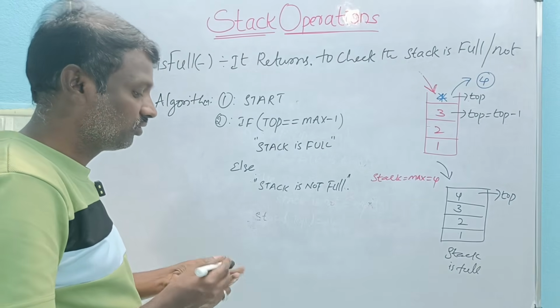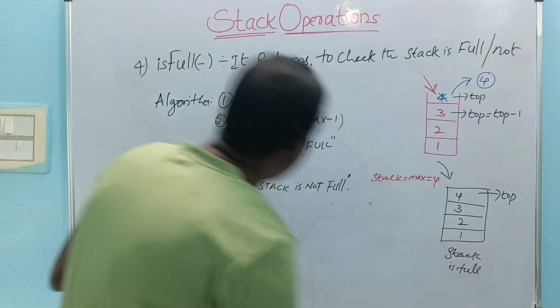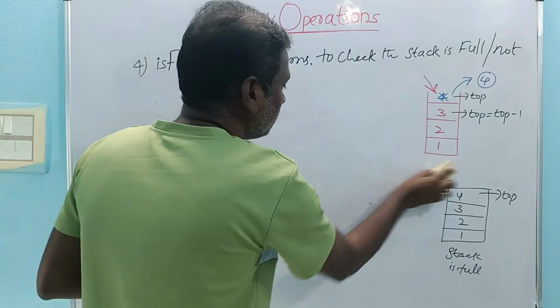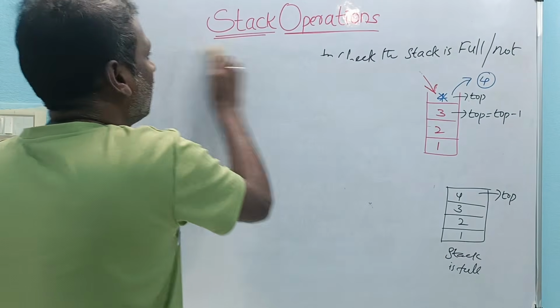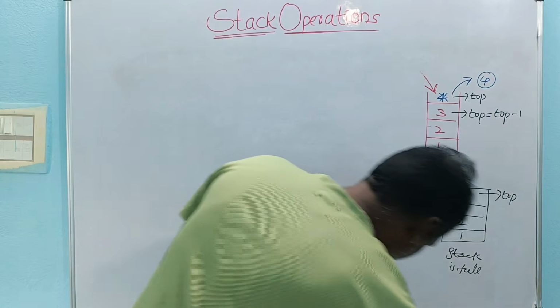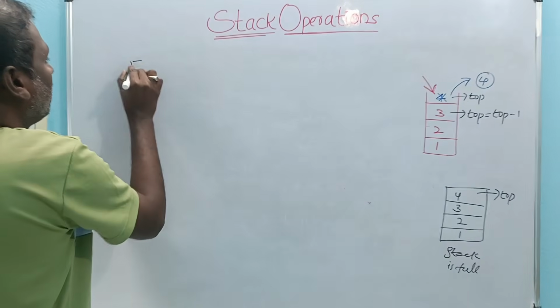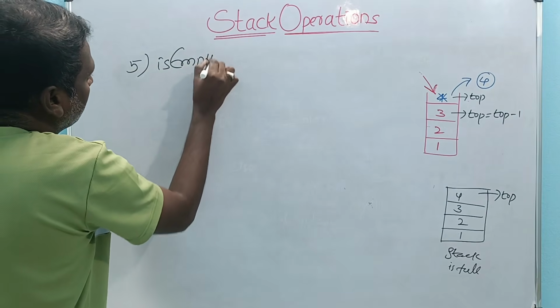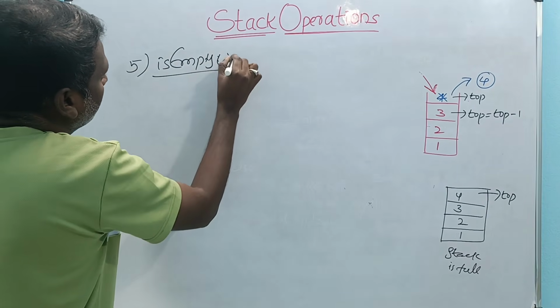So the next operation is to check the conditions. What is that next operation? isEmpty. Number 5 is isEmpty.